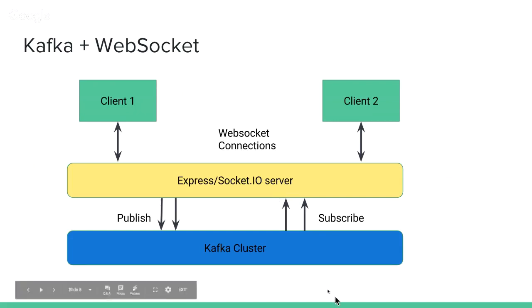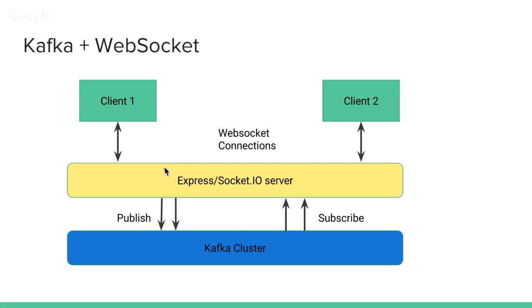So I have this Kafka cluster set up, and we have this Express Socket.io server also set up. Socket.io is an implementation on top of WebSockets. It uses WebSockets and other related protocols to let you communicate to the client from the server and so on.